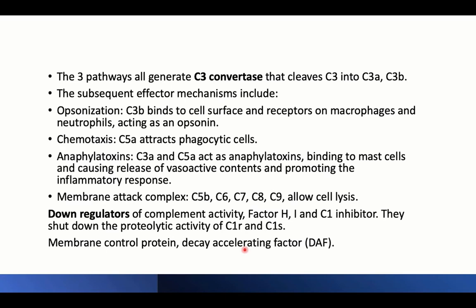So we have mentioned now the 3 pathways, the common pathway, its effector mechanisms or the immune response, and the down regulators of the system, very important, mentioning 2 disorders that can result from deficiency of these down regulators, which usually result from genetic mutation.